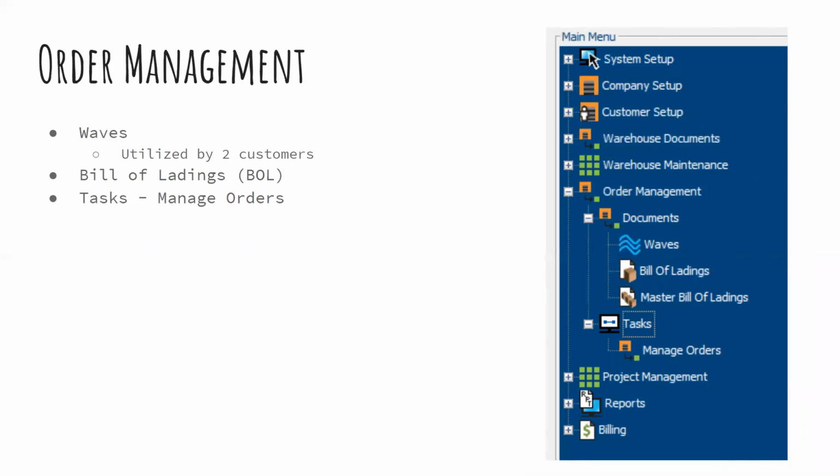For example, our customer Amelia has 3 ship dates, Wednesday, Thursday, and Friday, and we can create a Wednesday wave that will populate all of the orders that need to ship on Wednesday so that they can be pulled and staged and ready to go, and the account owner would not need to segregate the Wednesday, Thursday, and Friday orders manually.